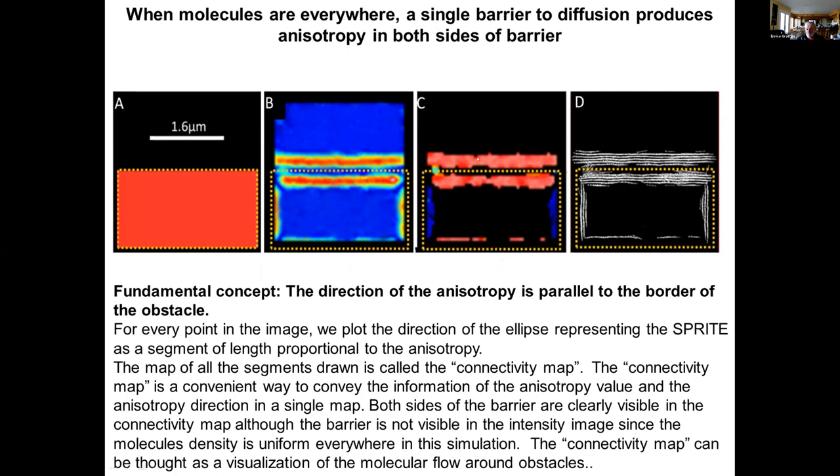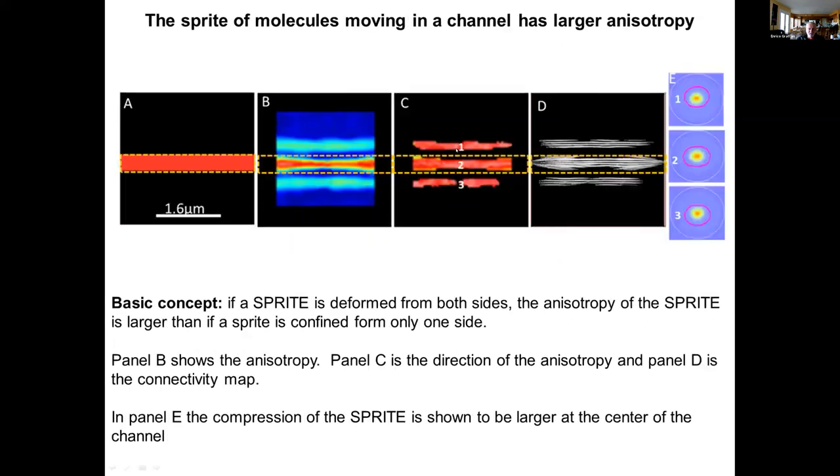So one single barrier gives two correlation functions, which will depend on the angle. If we have a channel, we will have three, 1, 2, and 3, because there is a barrier here, there, and there. And this is what we found.